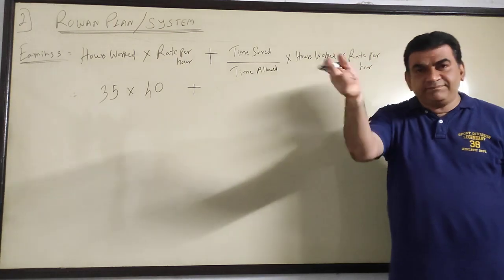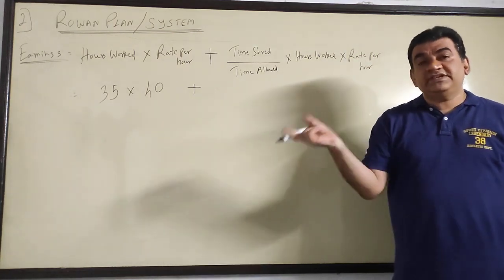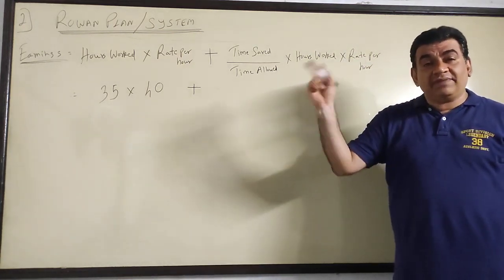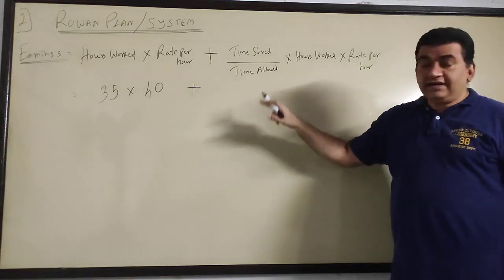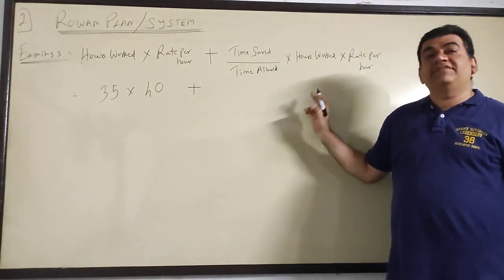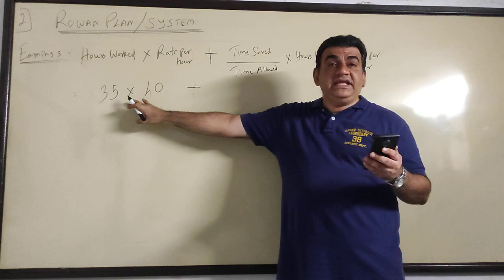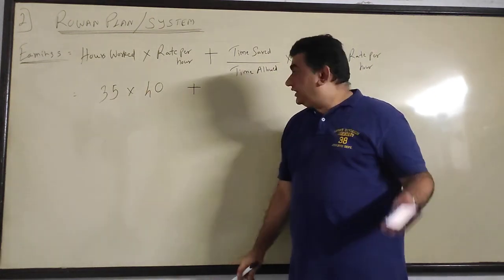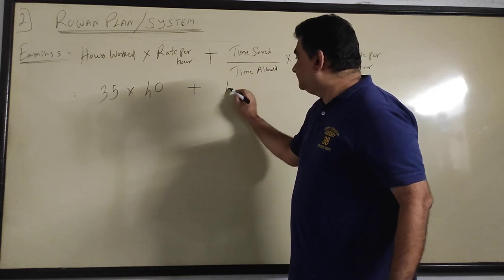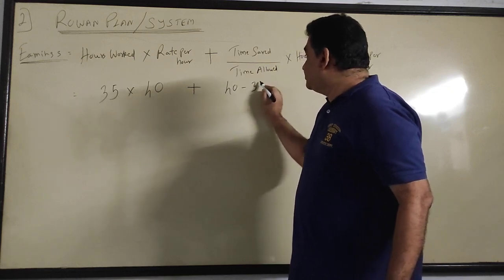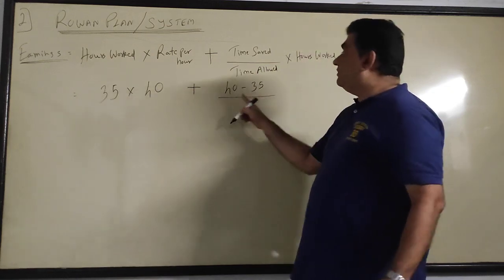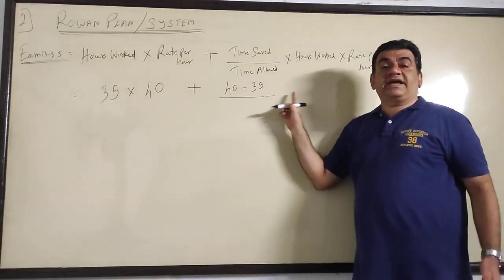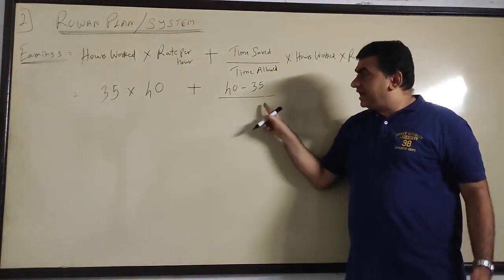We did this in the previous sum also, but in the previous sum we wrote time allowed minus hours worked. Here in the formula it is time saved. It is that only. See how many hours he has worked? 35. How much he was allotted? 40. So my time saved will be 40 minus 35, that is 5. Next step I'll write 5.